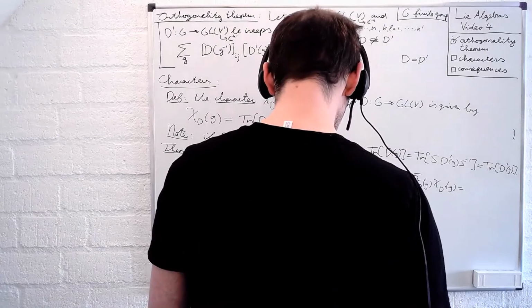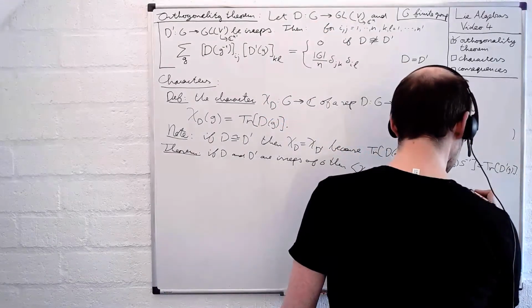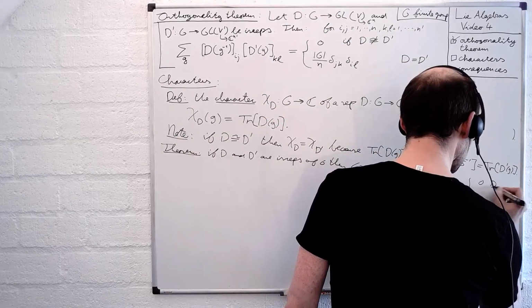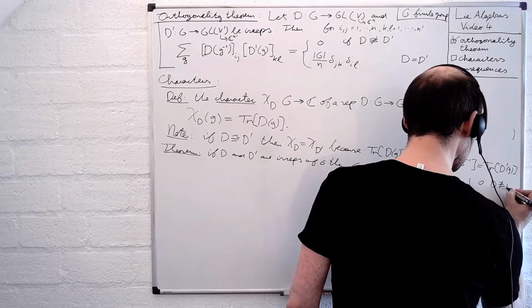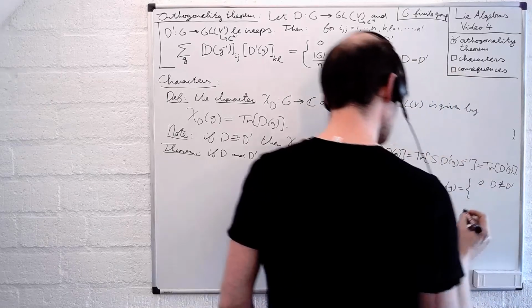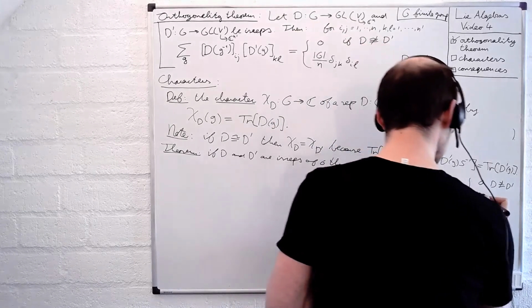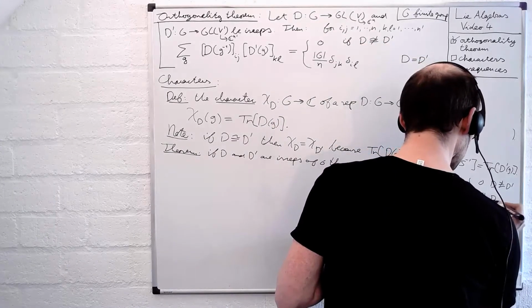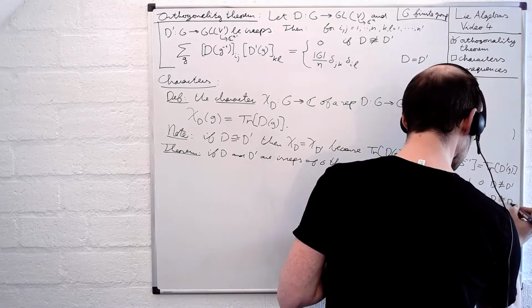This is going to be 0 if D and D prime are not equivalent, and it's going to be the order of the group if they are equivalent.